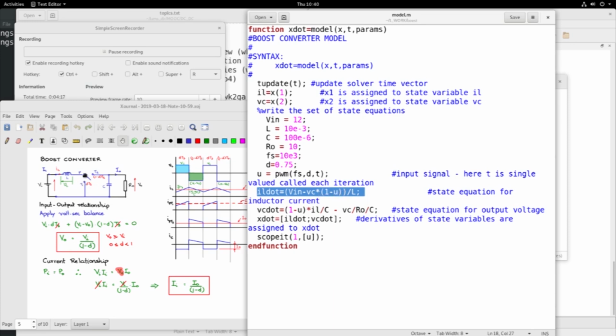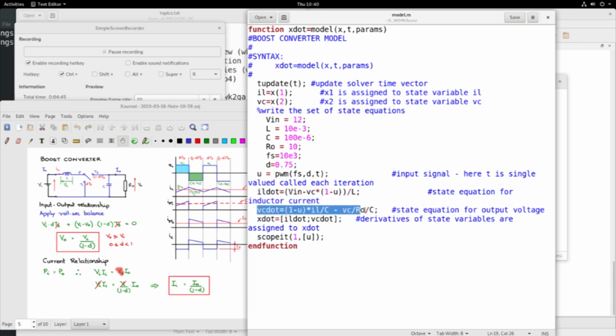So at that time, this node potential is 0. So that's what 1 minus 1, 0. And when the switch is connected to T2, then U is 0 and VC is applied at this node of the inductor, thereby causing the inductor current to discharge into the output capacitance.